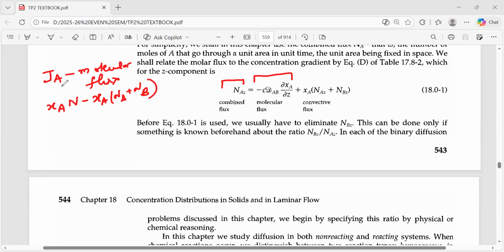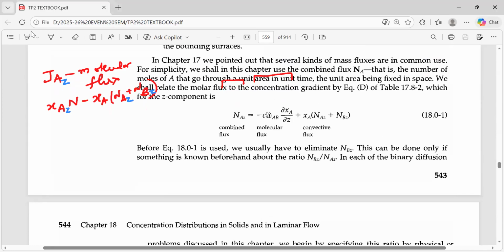But I'm not writing with respect to the direction here. So there is no Z here, or rather there is a Z which is introduced now, because this has to be understood through a vector notation. So the combined flux in a vector notation or tensor notation. The molar flux related to the concentration gradient for the Z component is what has been written.